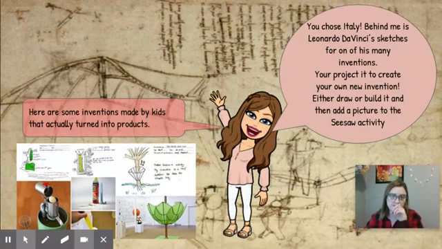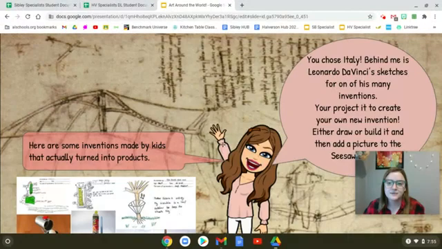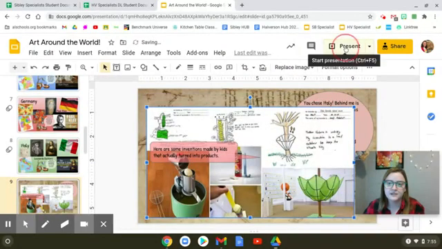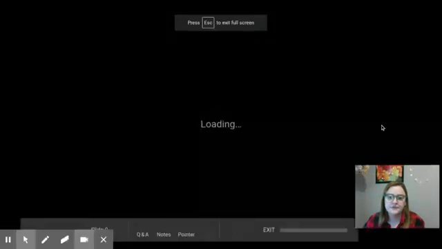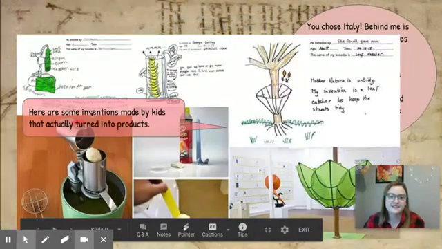And then here are some inventions made by kids that actually turned into products. So if we exit, and I can make this a little bit bigger so we can look at it. Well, that didn't help with that in front of it.